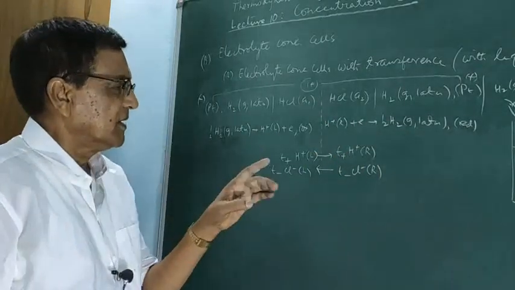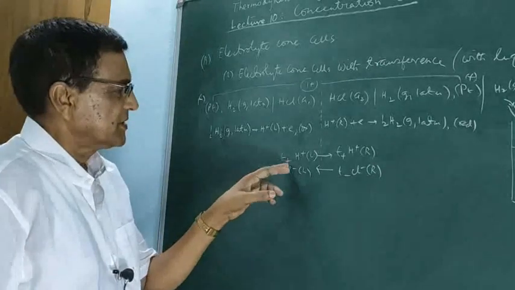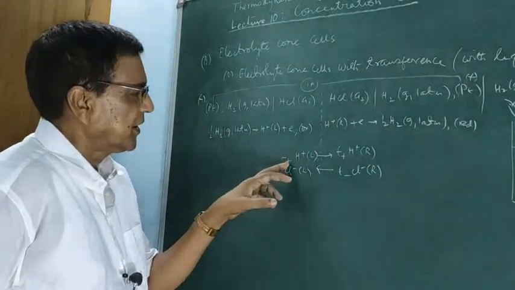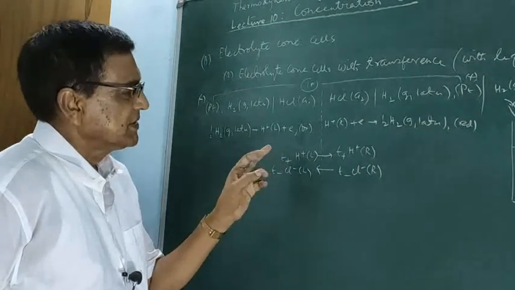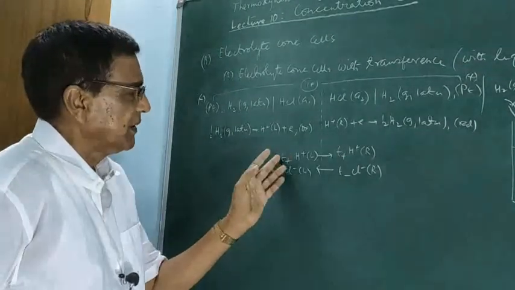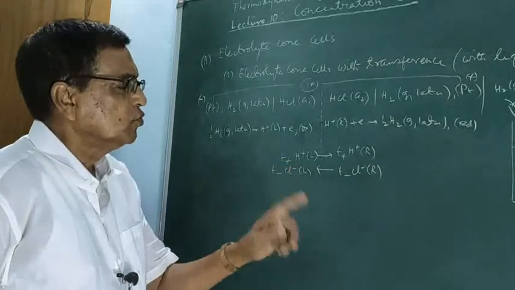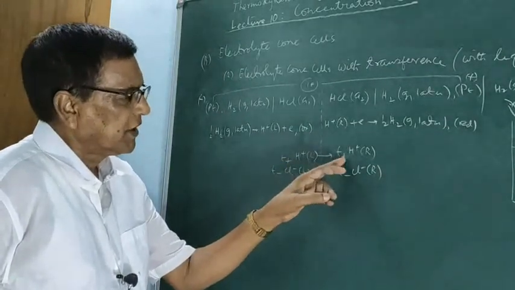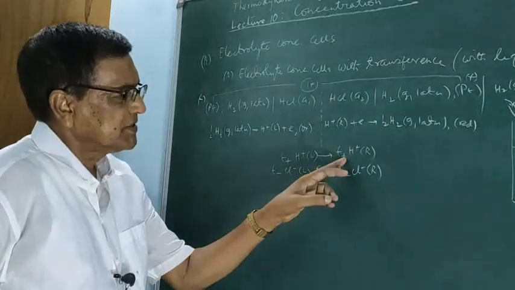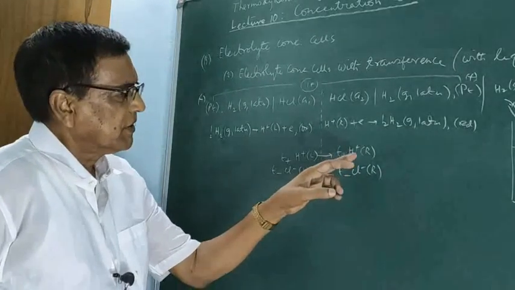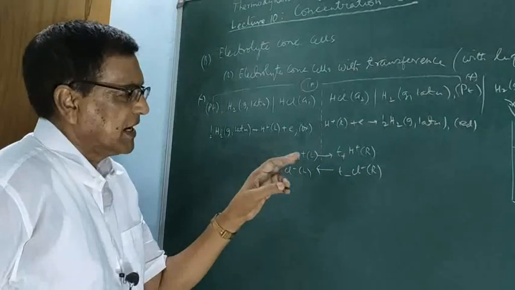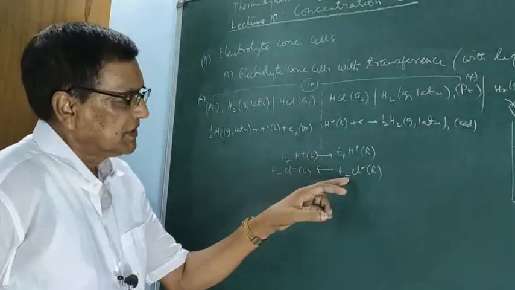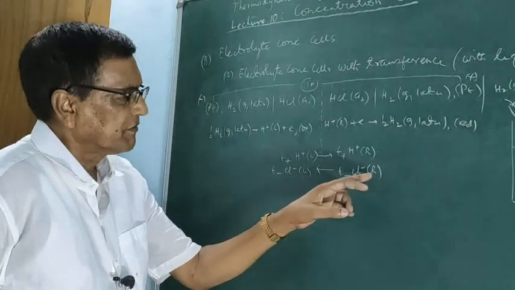Here t plus Faraday of positive charge is carried by the hydrogen ion from left to right. It is equivalent to t plus Faraday of negative charge being transferred from right to left, and t minus Faraday of negative charge is carried by the chloride ions from right to left.